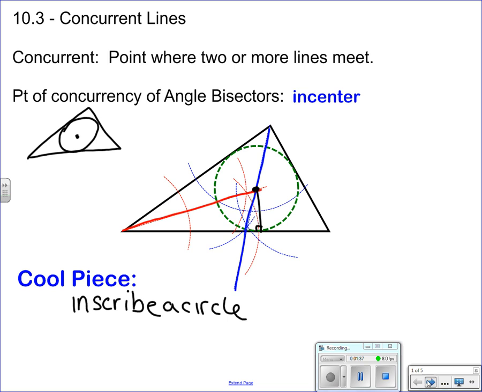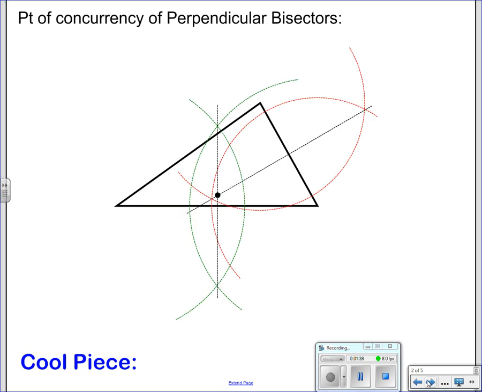So then, our point of concurrency of the perpendicular bisectors is what we call the circumcenter. So I have perpendicular bisectors. They are meeting at a point.